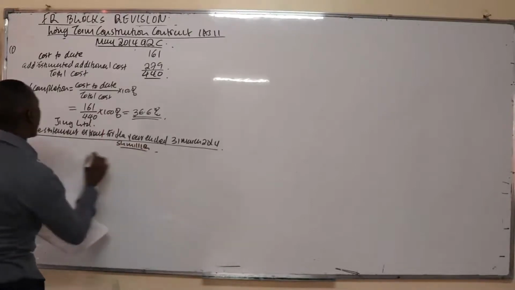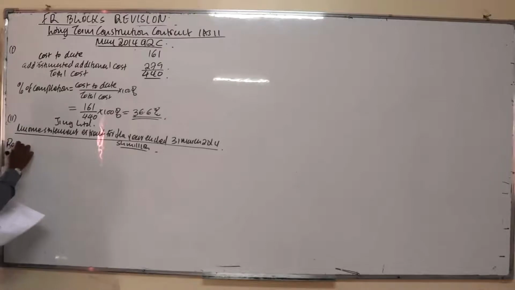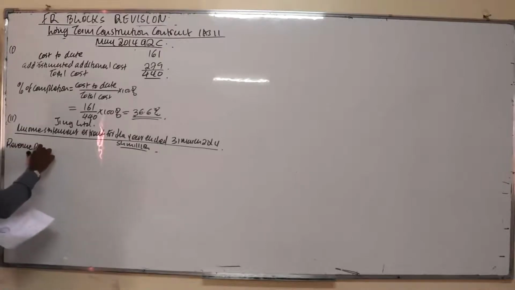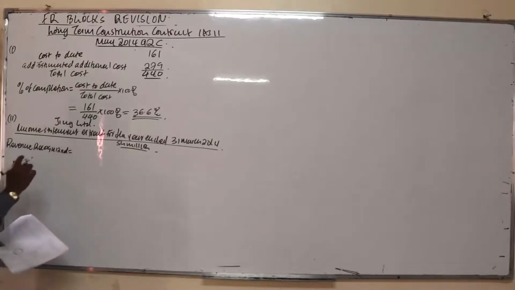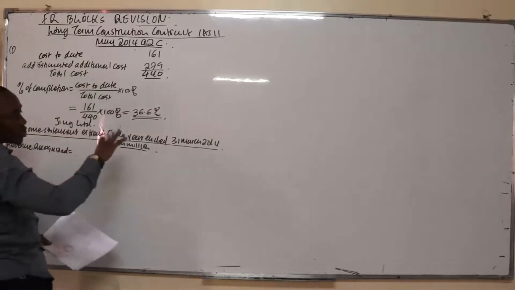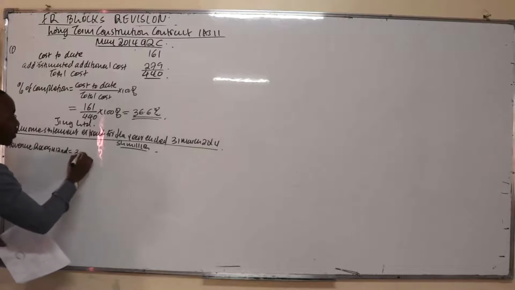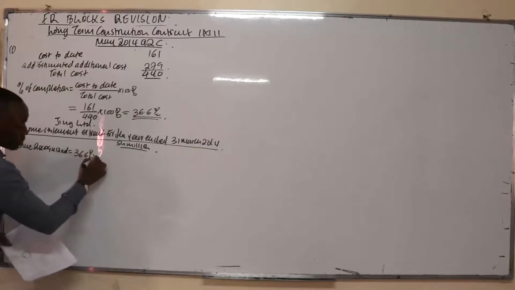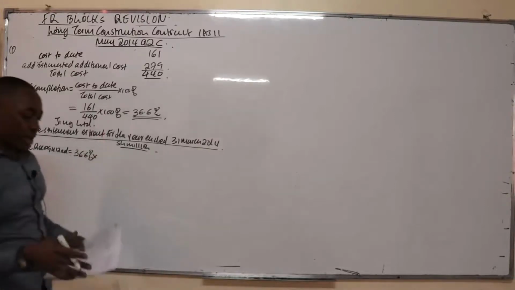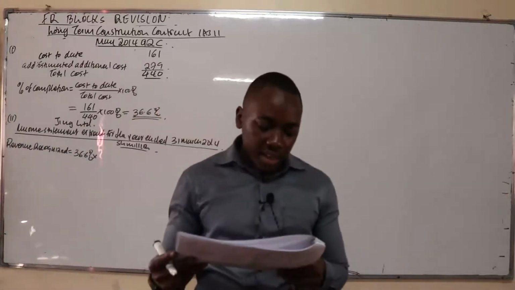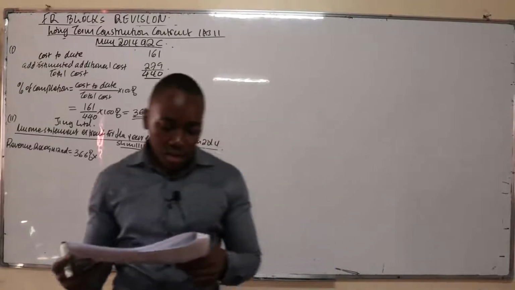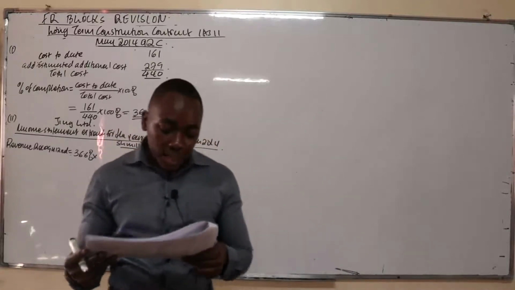So number 1, you need to identify the amount of revenue recognized. And I've shown you how to get the revenue recognized. You take the percentage of completion. So by the end of the first year, we were 36.6% through. But how much was the contract price? The project was for 3 years and the fixed price was 600.